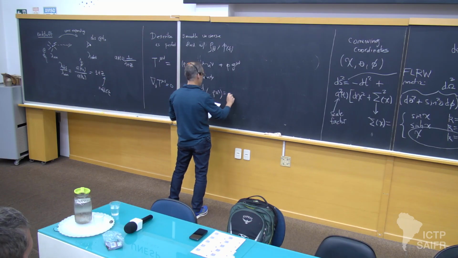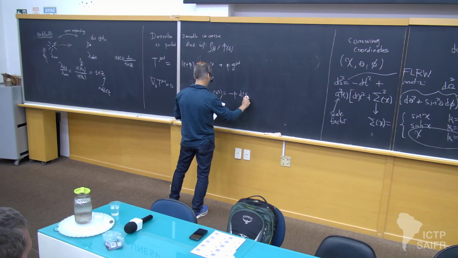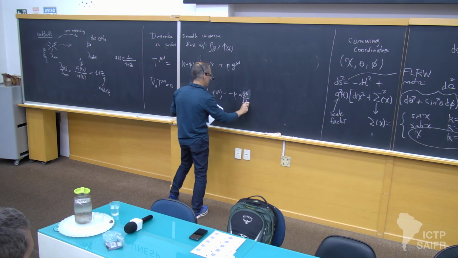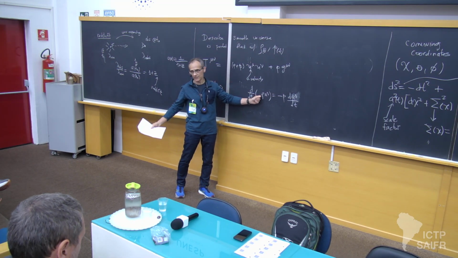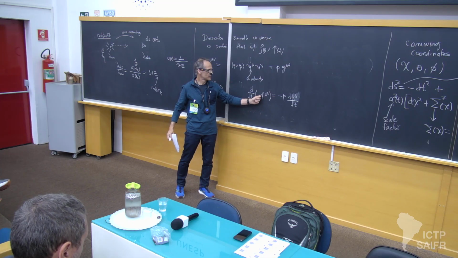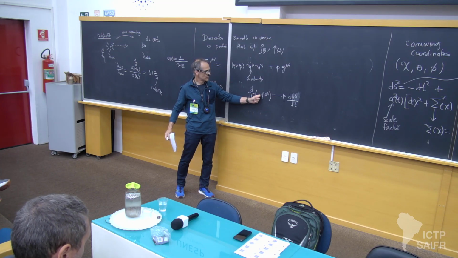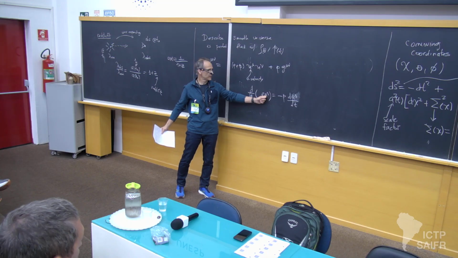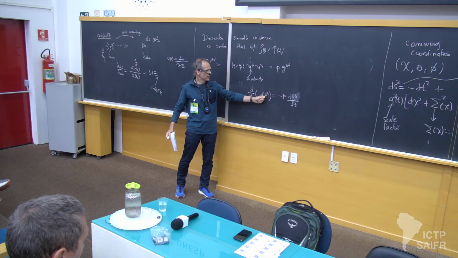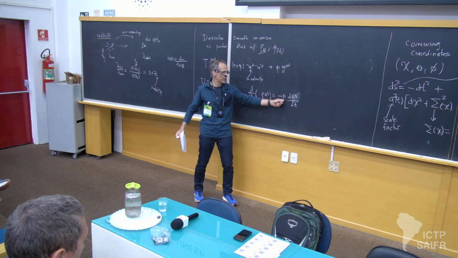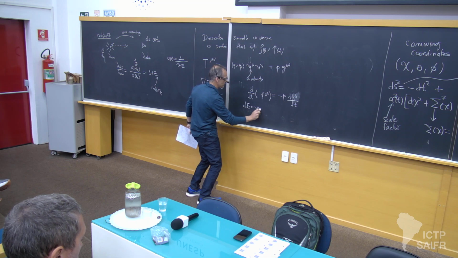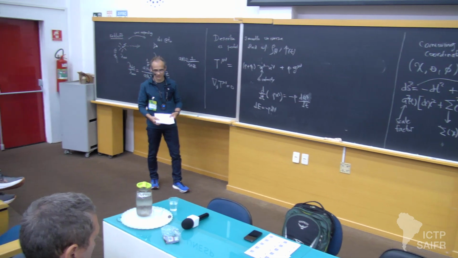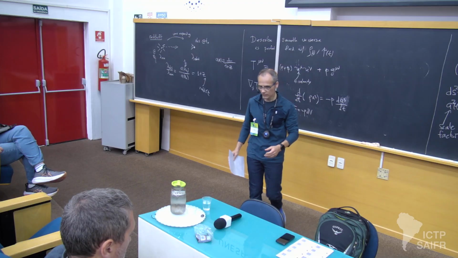It's nothing other than the first law of thermodynamics, describing that the time derivative of the energy, so you can think of rho as the energy density or mass density, since we are taking the speed of light equal to 1. So this is the energy density times the comoving volume, a cubed. The time derivative of the energy is minus P dV. So this is just the first law of thermodynamics for a fluid that conserves entropy, which is an ideal fluid.